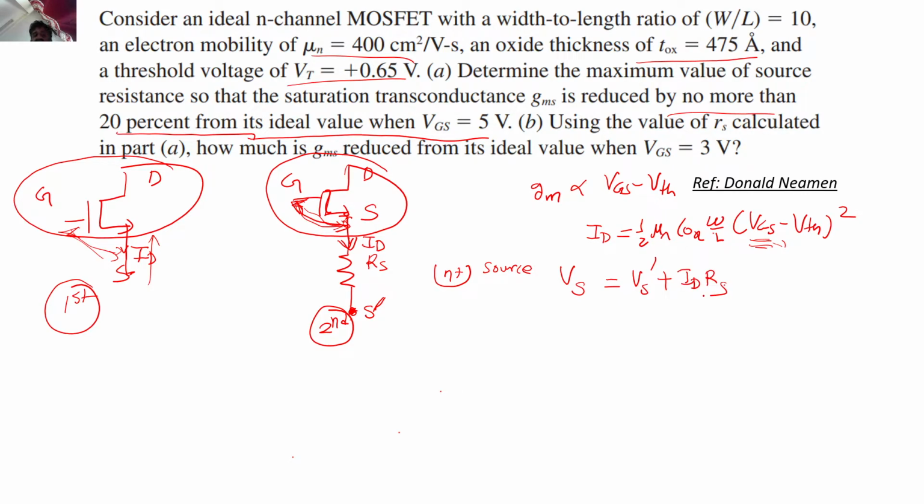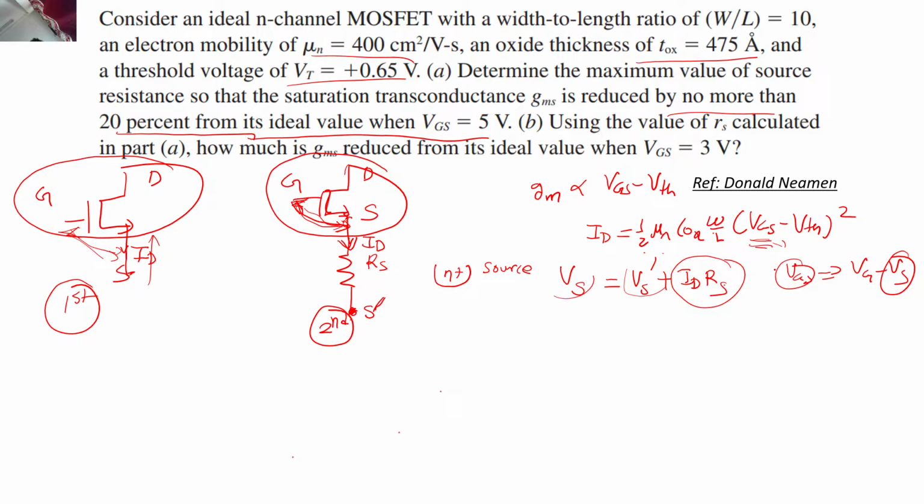This quantity is positive, so the source voltage at the source of the MOSFET is going to be higher. If this source voltage is higher, then the VGS value is going to be less, because VGS is nothing but VG minus VS, correct? So if VS increases, then my VGS has decreased.